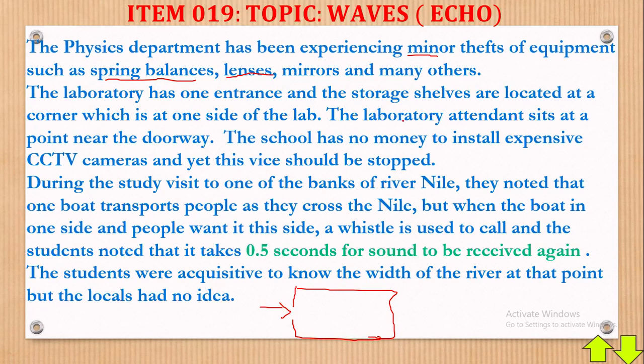The laboratory attendant sits at a point near the doorway. I think the lab attendant sits right here on the desk, watching the stuff right there. The school has no money to install expensive CCTV cameras, and yet this vice should be stopped.